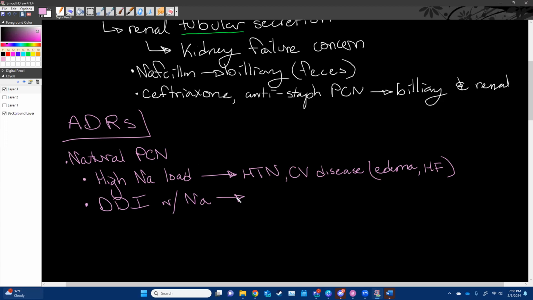Think about what drugs affect renal excretion. DIG, yep. Diuretics, ACE inhibitors, lithium. These are all drugs that affect sodium excretion.